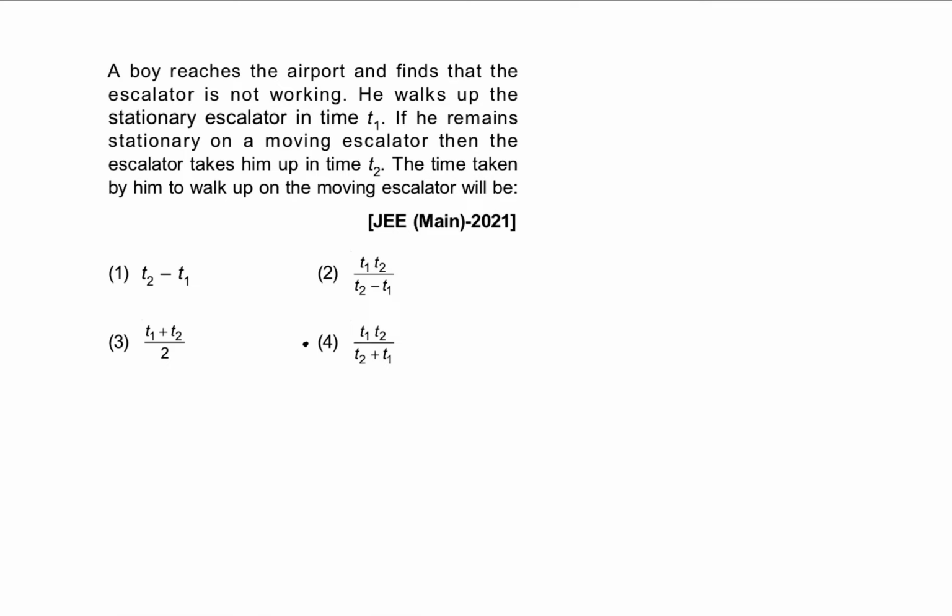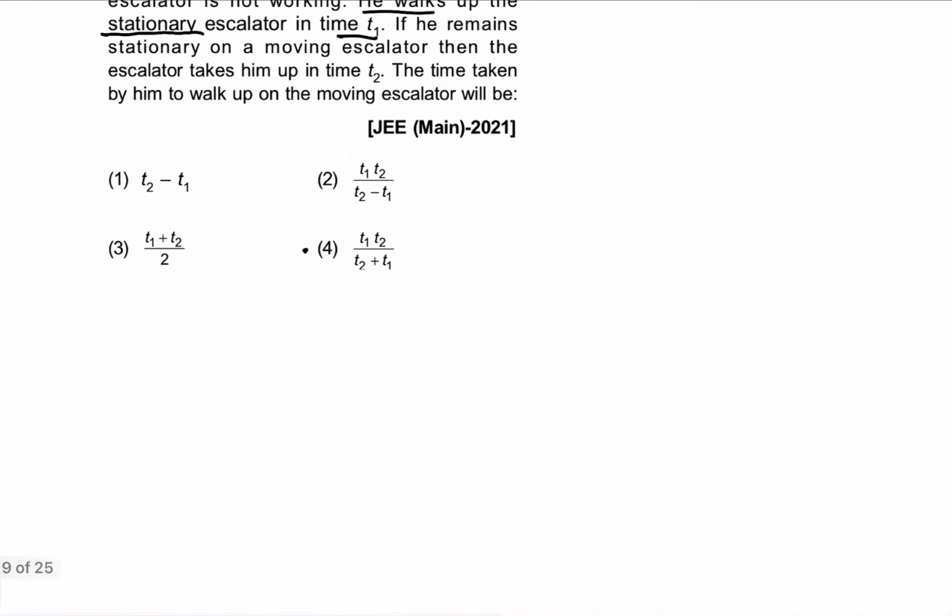Okay. Next question: a boy reaches the airport and finds that the escalator is not working. He walks up the stationary escalator in time t1. You observe this, stationary escalator, he walks. Let us consider the first situation. Let us consider this is the escalator.